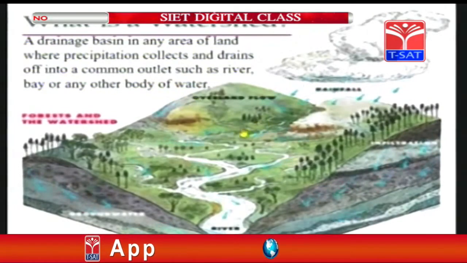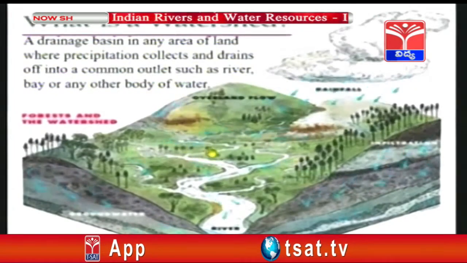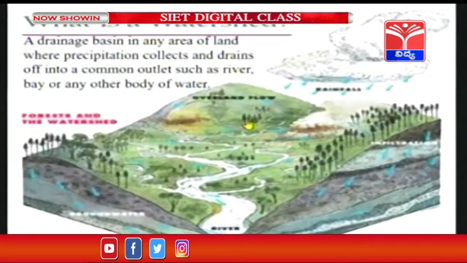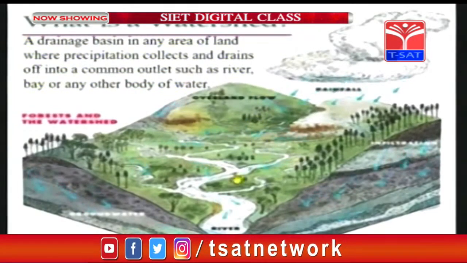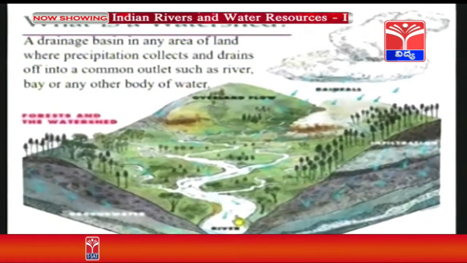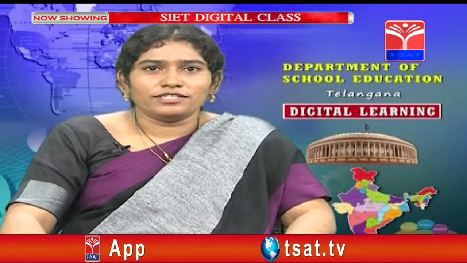In a particular area or drainage basin, the amount of water that is getting collected through precipitation, that is through rainfall, snow, fog, all gets accumulated at one water body. It can be a river or it can be a bay. So that is called watershed. I hope you have understood watershed, children.